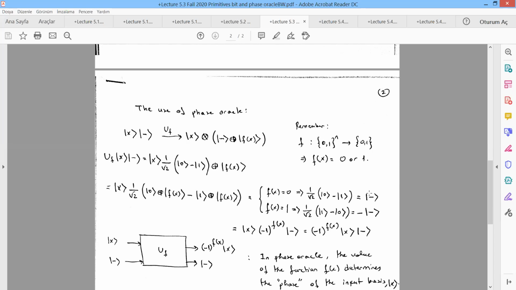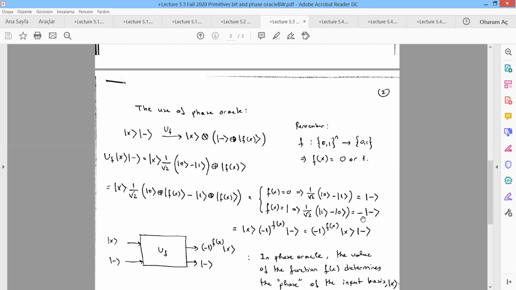On the other hand, if f(x) equals 1, if you plug in f(x) equals 1 over here, then |0⟩ plus |1⟩ is 1, and this is minus |1⟩ plus |1⟩, so this sum becomes |0⟩.